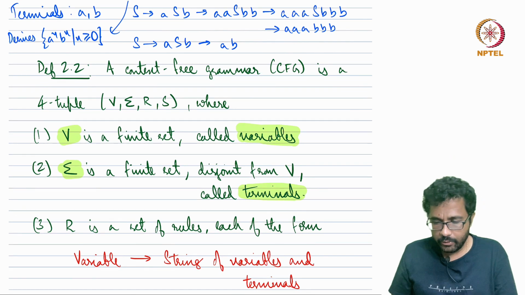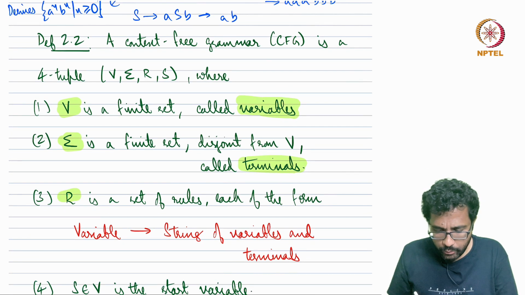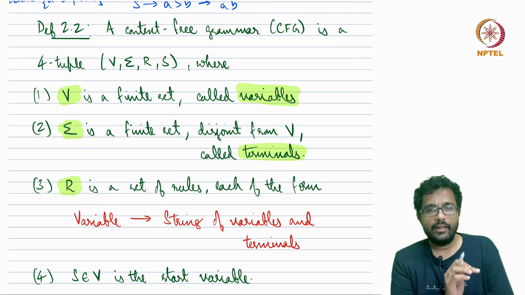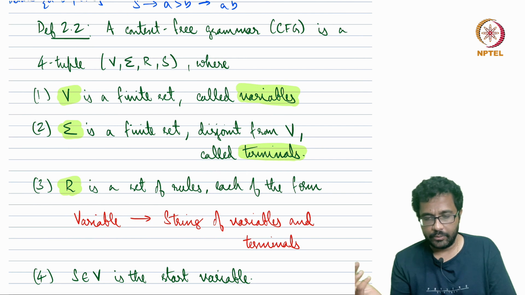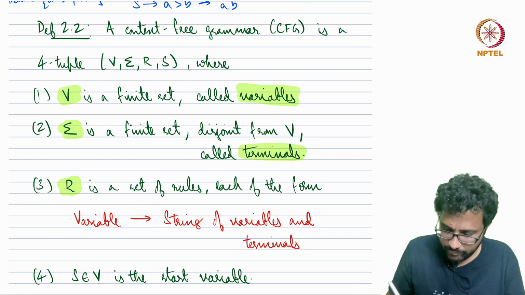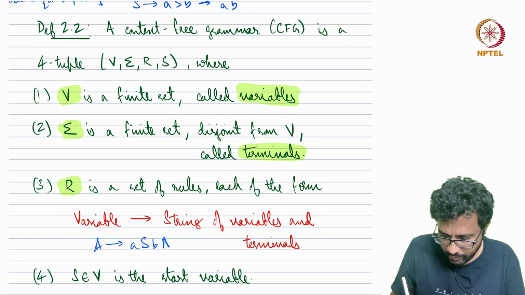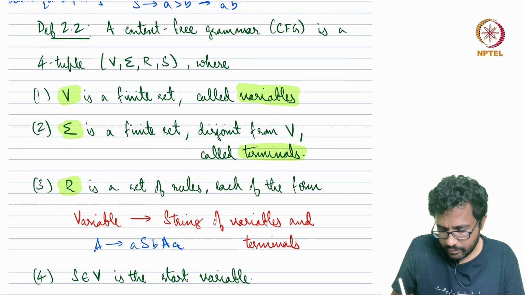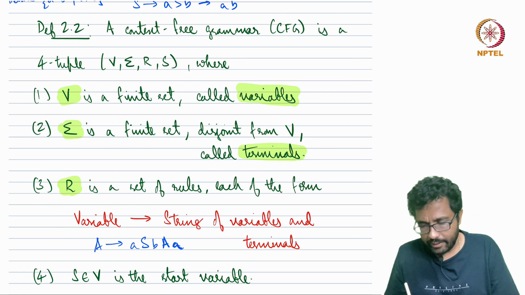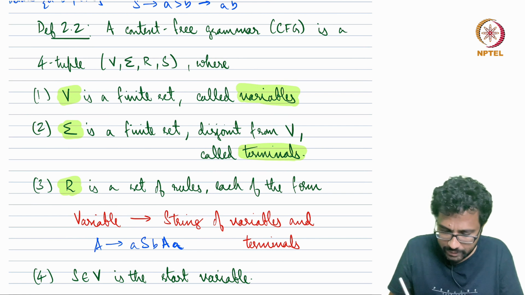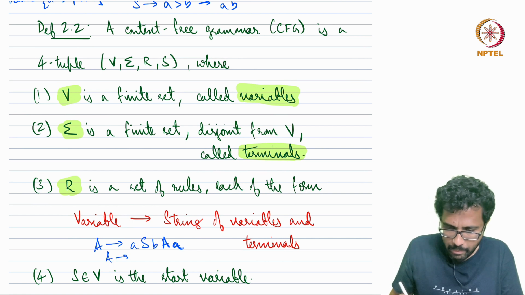R is a set of rules, and each rule is of this form. You have one variable on the left side giving a string of variables and terminals on the right side. It could be something like, for example, A giving A S B. So A giving a string of variables and terminals.